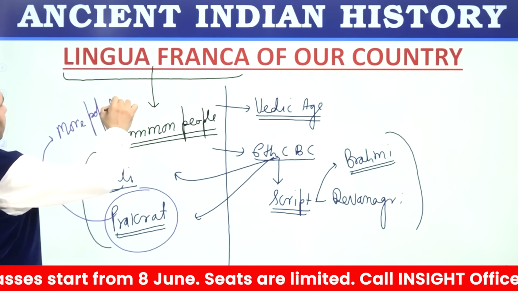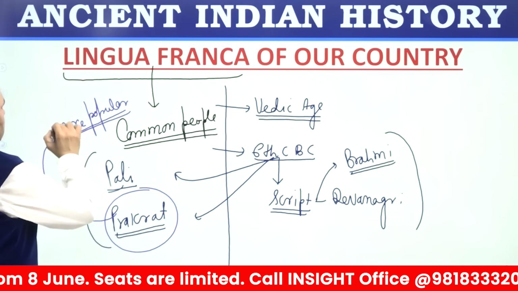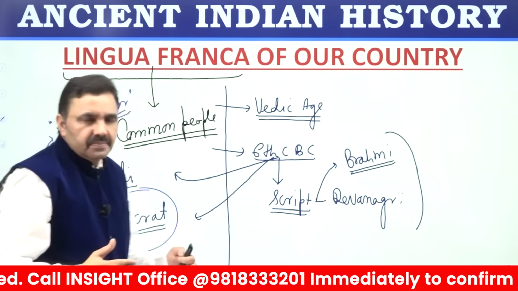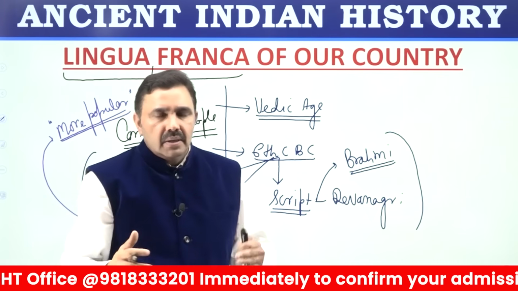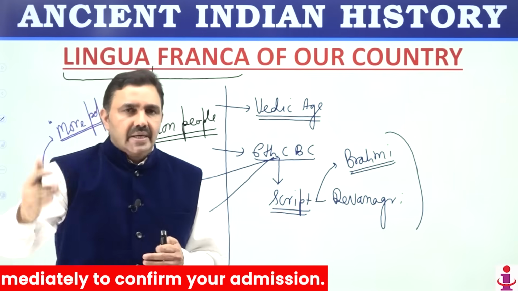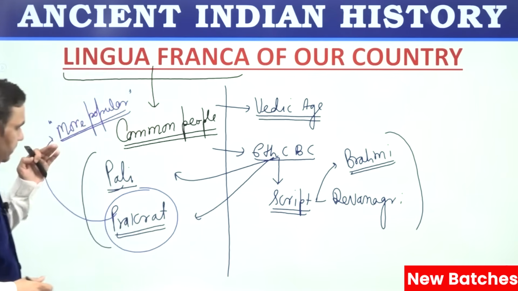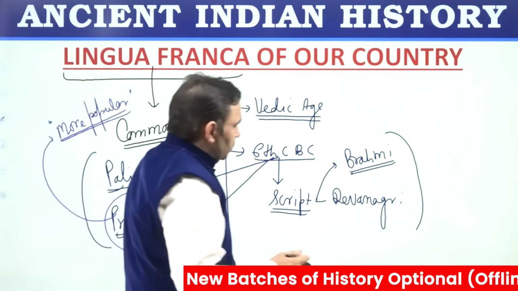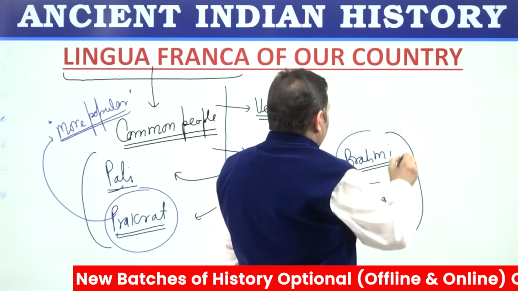So the most popular language in India in ancient times, particularly in the age of Mauryans or post-Vedic times, the age that followed the Vedic age, was Prakrit. Prakrit was the language, and at that time the most prominent, most popular script was Brahmi script.